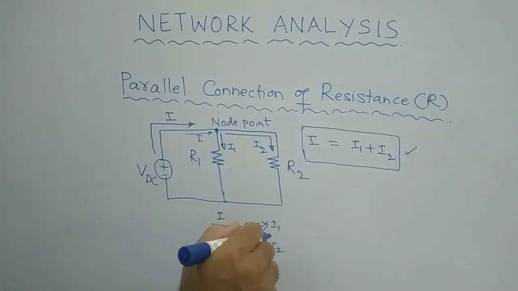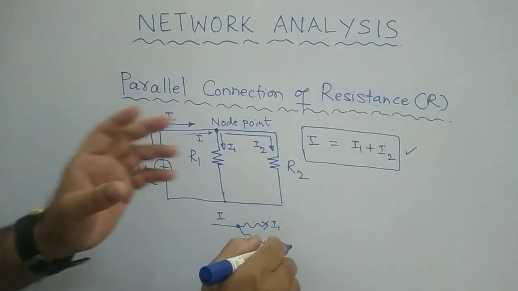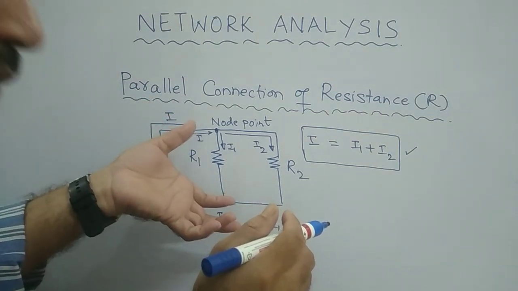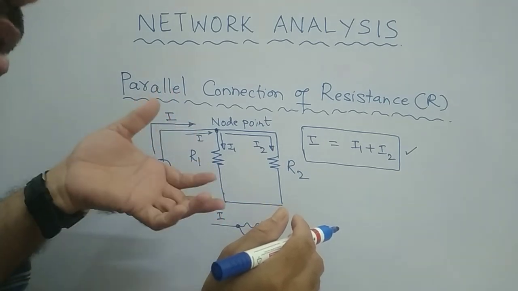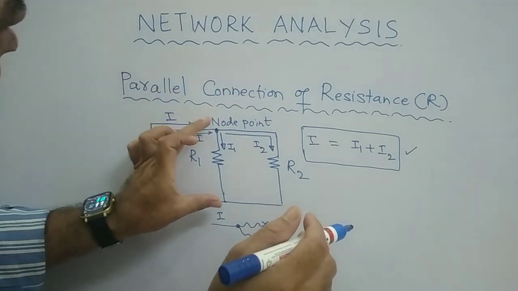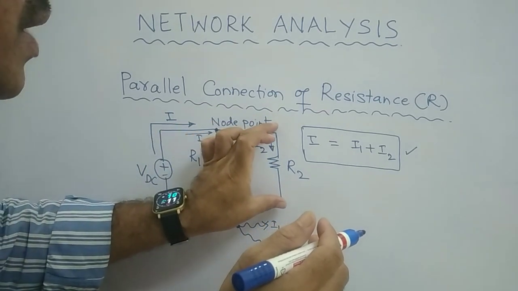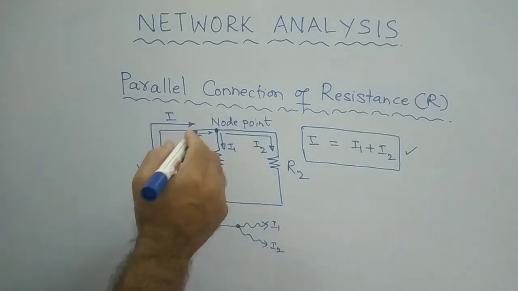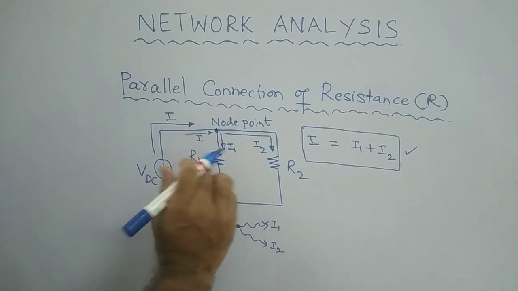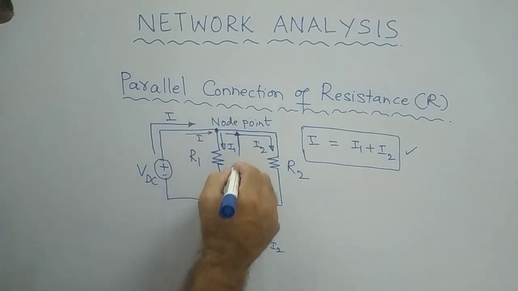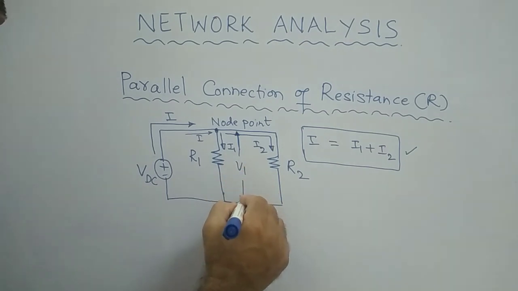Another very, very important point to note down here is this: whenever this kind of electrical network is given to you, and you are asked to find the voltage drop across this resistor R1, let us call it V1.